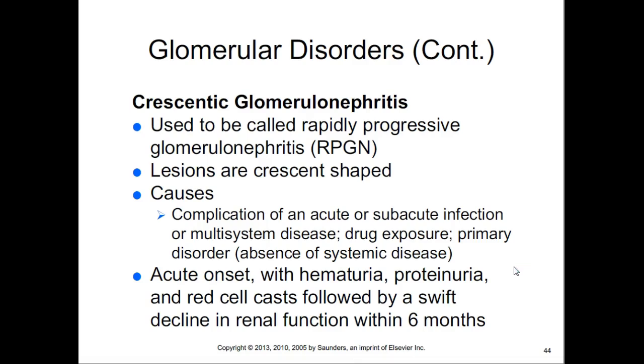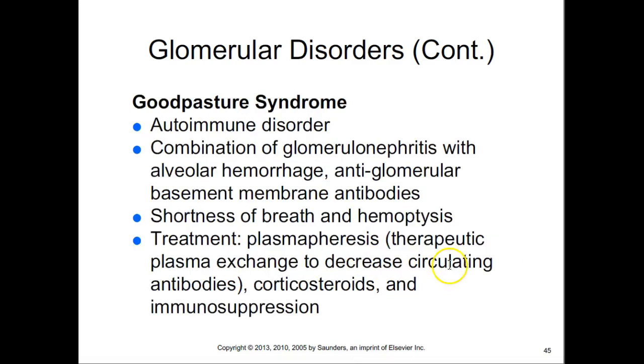An acute onset, you'll see with hematuria, proteinuria, and red cell casts, followed by a swift decline in renal function within 6 months.